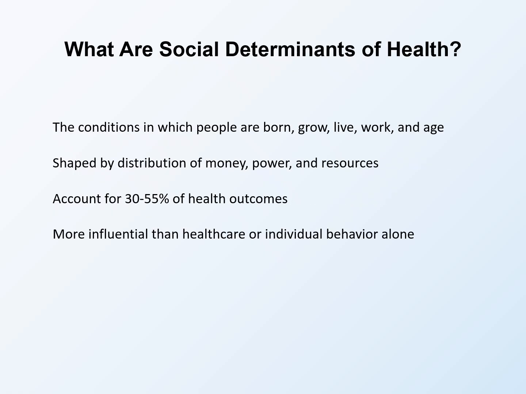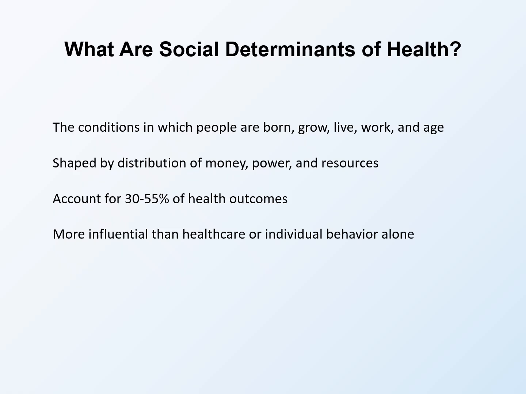So, what exactly are social determinants of health? They're the conditions in which people are born, grow, live, work, and age. They're shaped by the distribution of money, power, and resources at global, national, and local levels. And here's what the research tells us. These determinants account for 30 to 55% of health outcomes. That's more influential than healthcare, more influential than individual behavior alone.